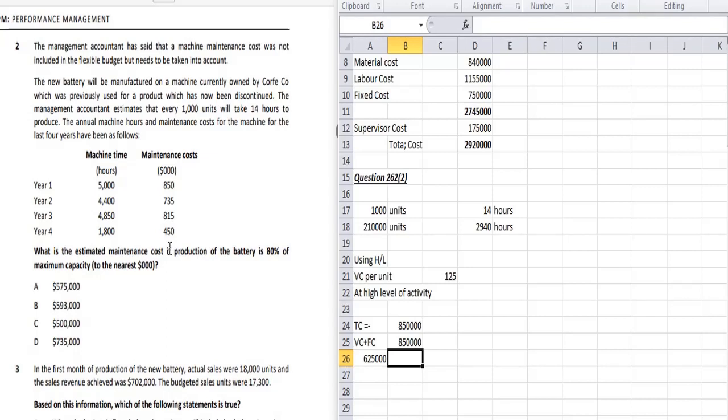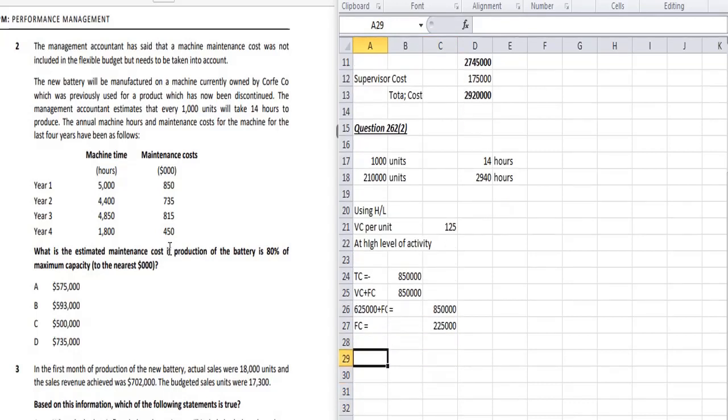So 625,000 plus fixed cost equals 850,000. So fixed cost will be this minus 625,000, so fixed cost will be 225,000.